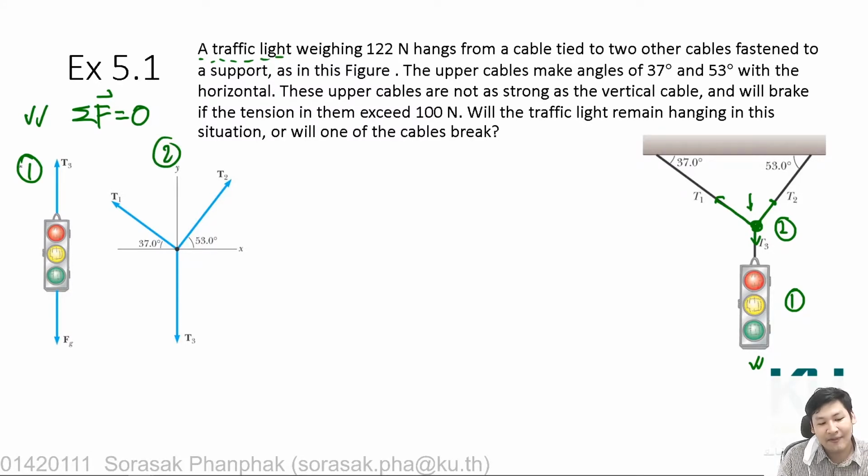So the first object is the traffic light, and you see the weight of this traffic light, written as FG, which is mg, pulling downward. There's another force that hangs it, pulling it upward.